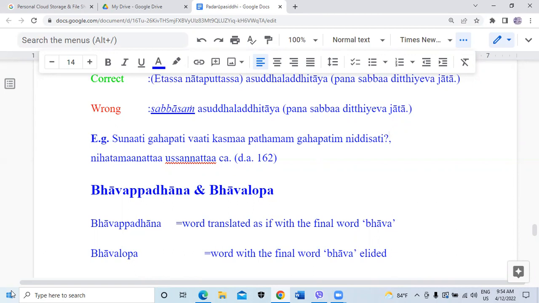Okay. Sinakanam. Sunati. Dhamma Sunati. Sunari Havati Wa.